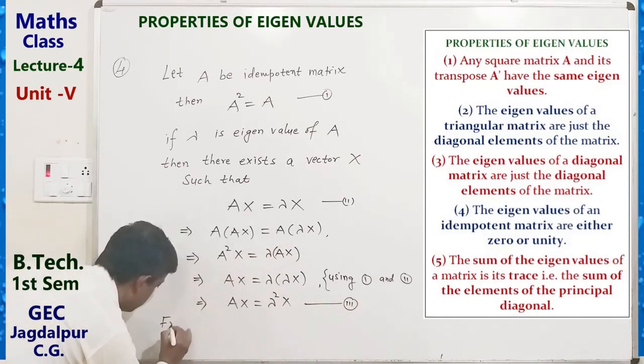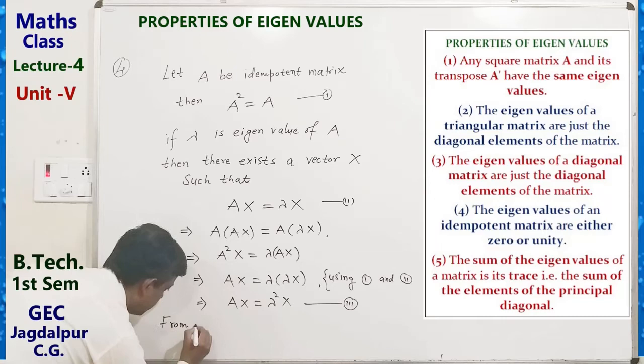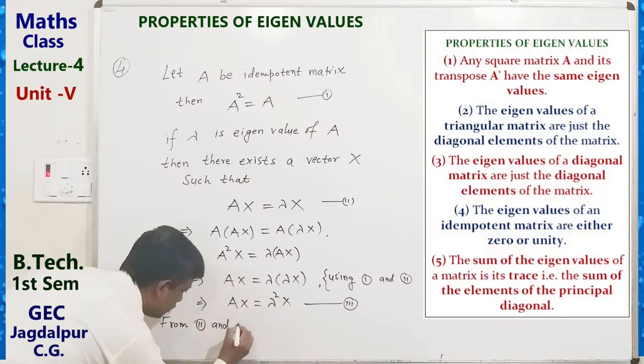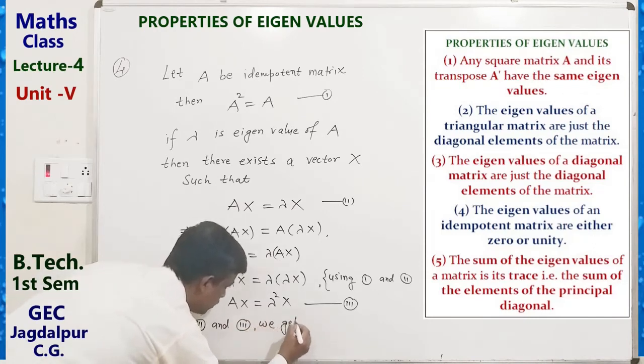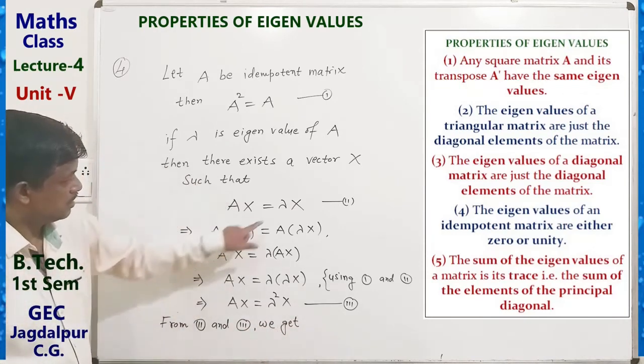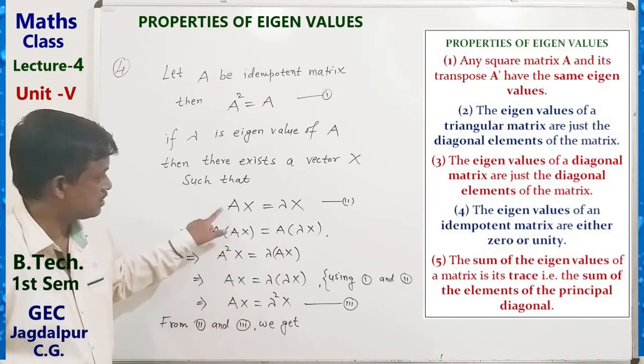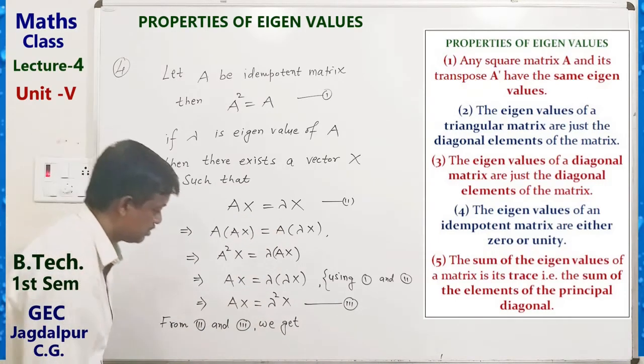From second and third, we get lambda x equals lambda square x.